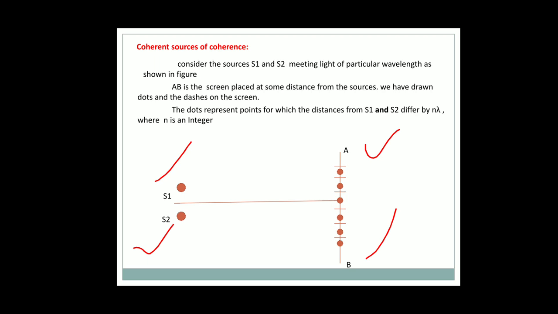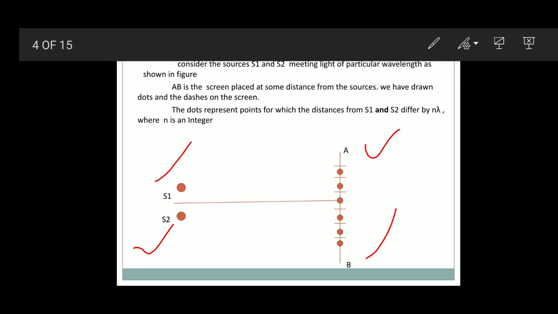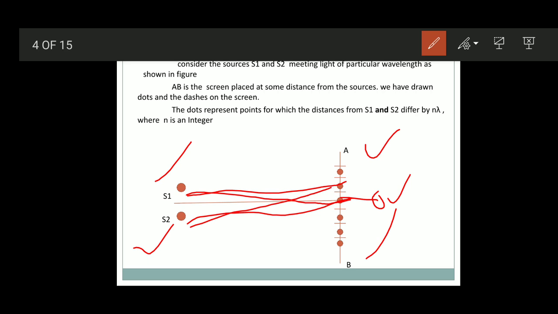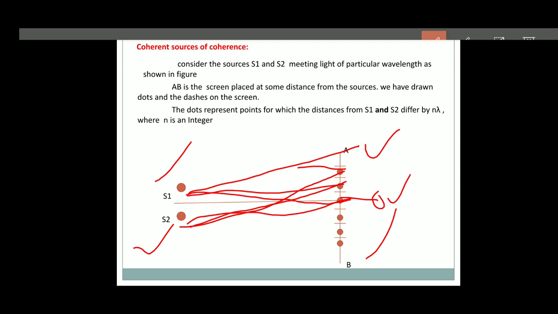The dots represent the points for which the distances from S1 and S2 differ by n lambda. For example, for the center dot the path difference is 0, because the distances from S1 and S2 to this place are equal. For the first point from S1 and S2, the path difference is lambda, and for the second point the path difference is 2 lambda, etc. So the path difference is equal to n lambda, where n is an integer.